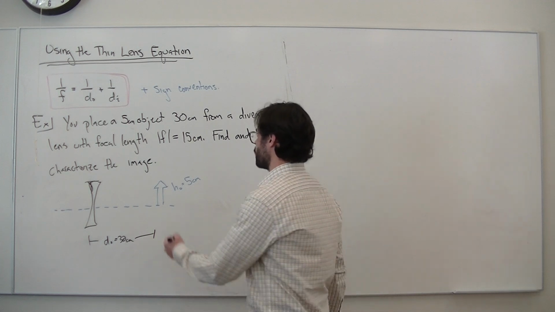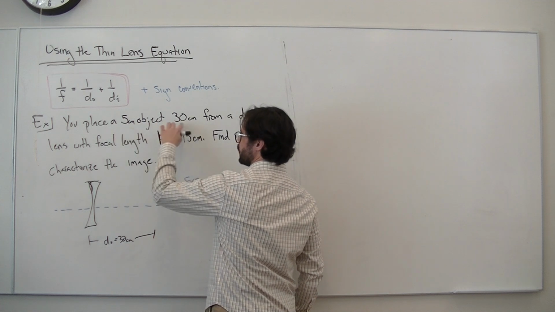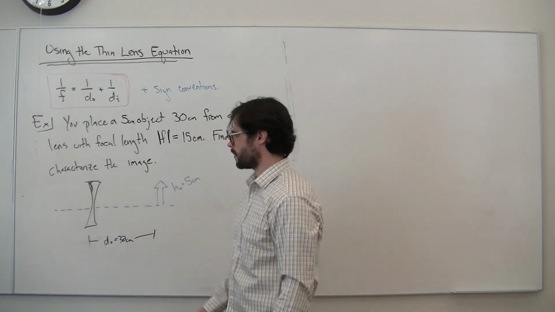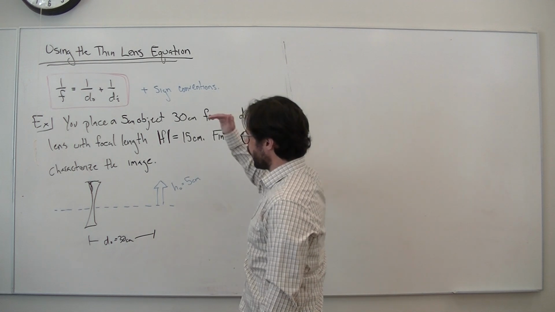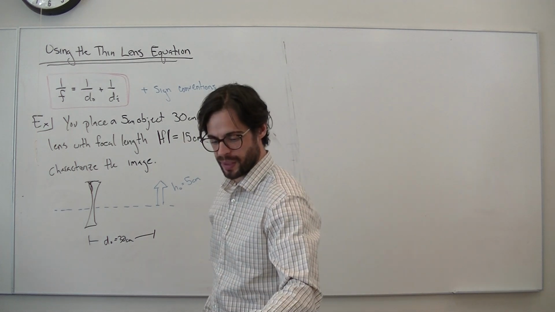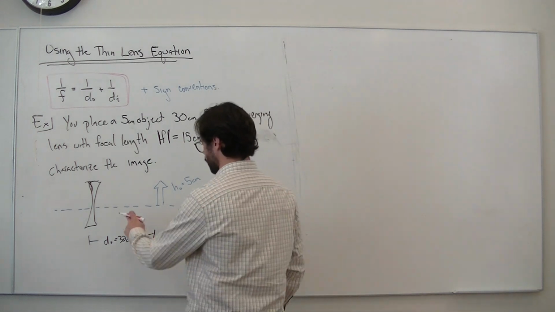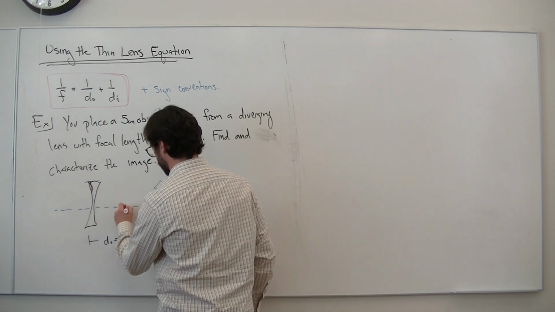So the first question is, where should I put this focus? So this and this basically are free. It's wherever we choose to place them. But for the focal length, for a diverging lens, I got to put the focus where the focus should be. So the focus should be on this side, and half the distance, so about there.